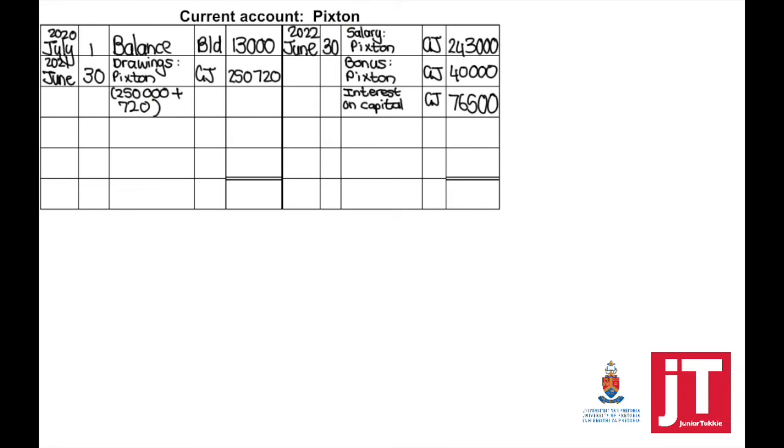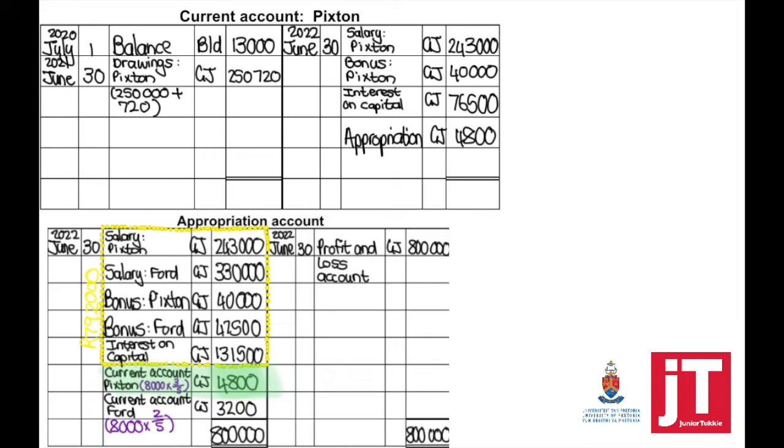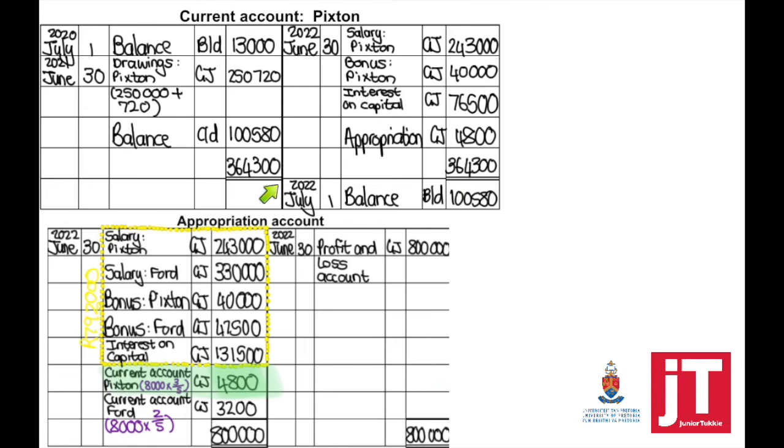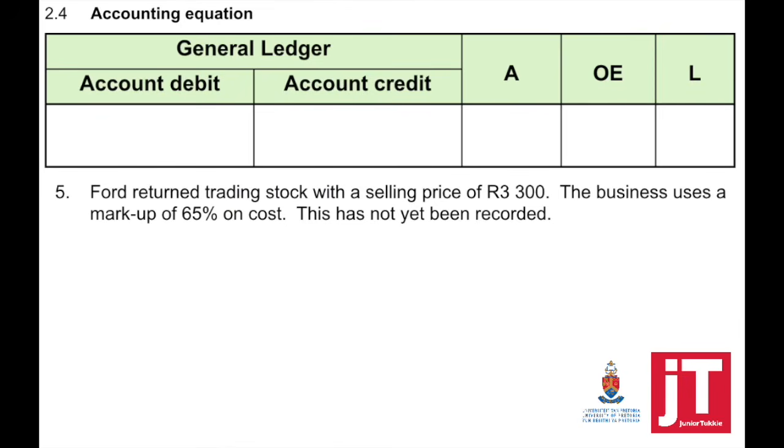Once we've calculated the final distributions of profits, the appropriation account was debited, account credited, current account Pixton. Now we can calculate the final balance by taking the credit side minus everything on the debit side, which means that his new balance is 100,580.